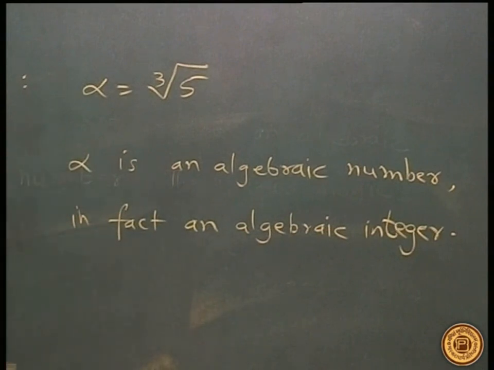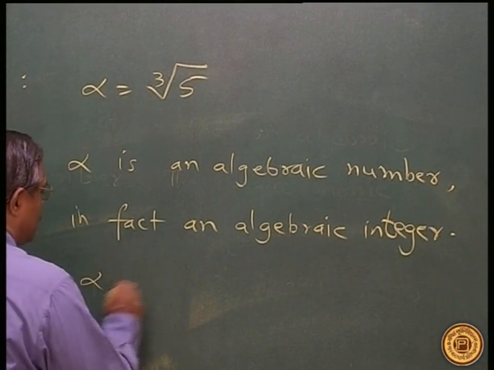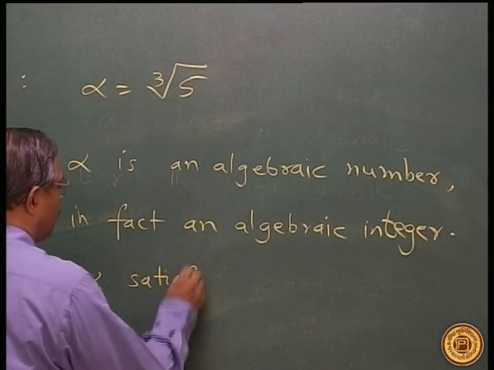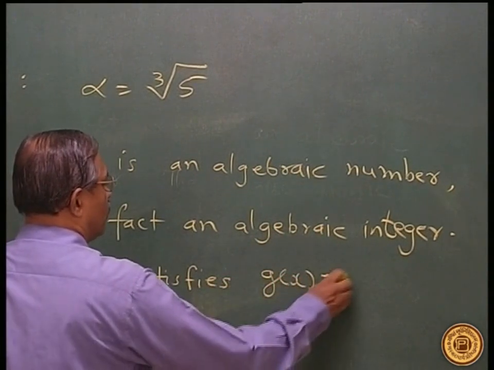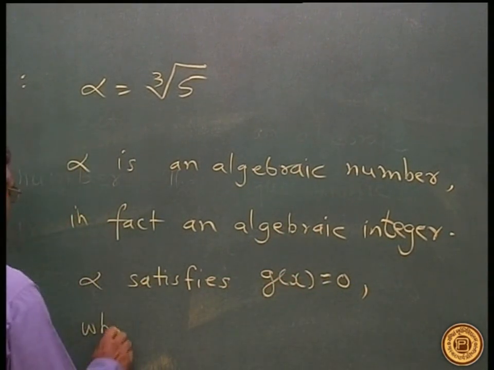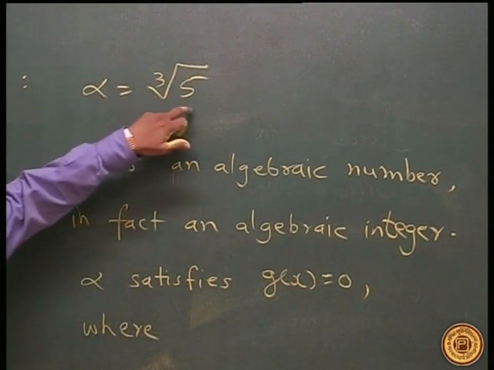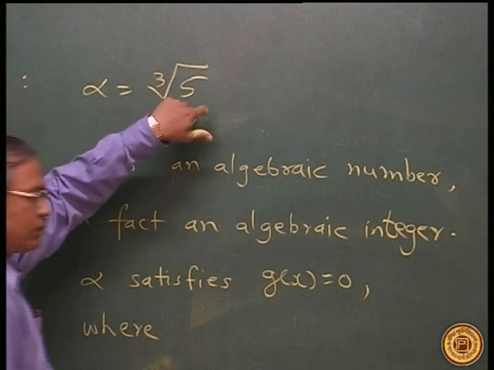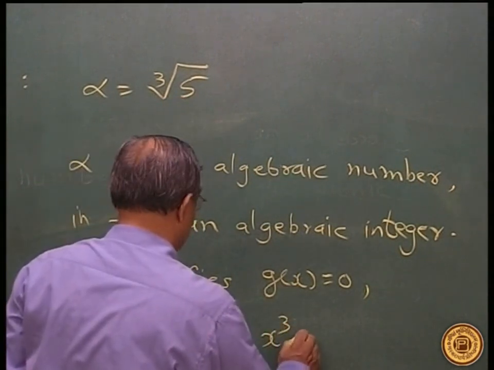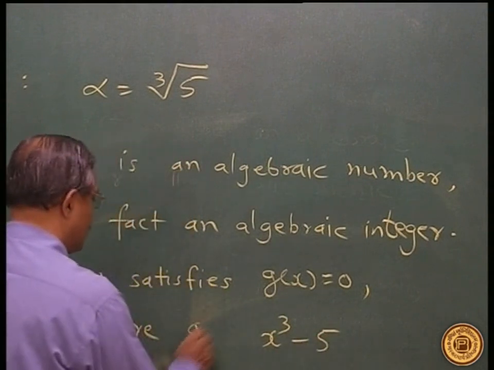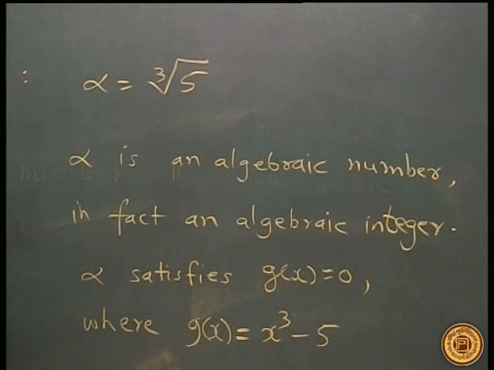Why? Just look at its polynomial. Alpha satisfies Gx equal to 0, where what is Gx? Alpha cube equal to 5. So x cube minus 5, that is Gx. Gx equal to x cube minus 5.